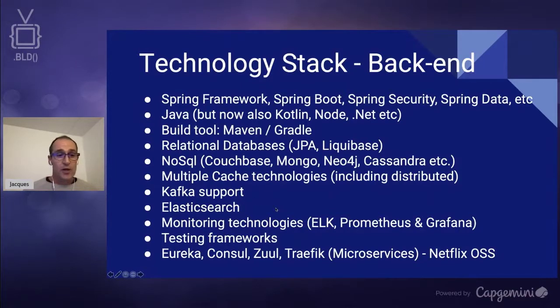It's got built-in monitoring technologies. This includes the ELK stack. ELK stands for Elasticsearch, Logstash, and Kibana. And then obviously Prometheus and Grafana, which is leveraged off the Spring Actuator project. Also including testing frameworks on the back end, and then specifically for microservices, it includes Eureka, Consul, Zuul, and Traefik, which is pretty much built on the code donated by Netflix, the Netflix open source software stack.